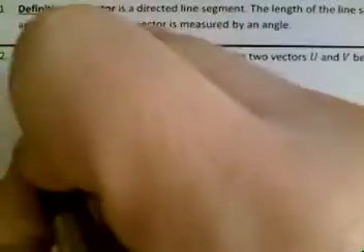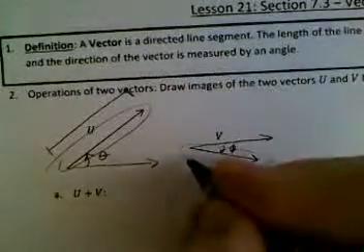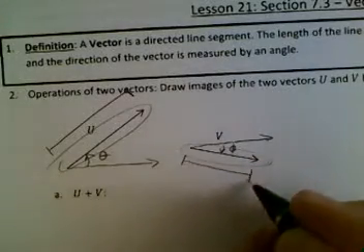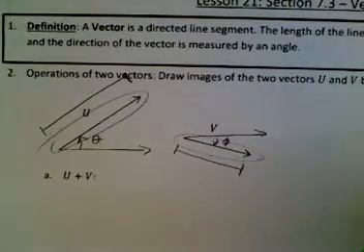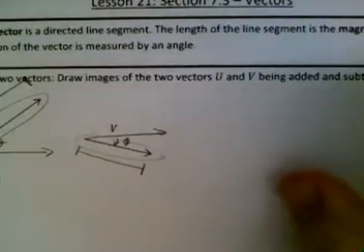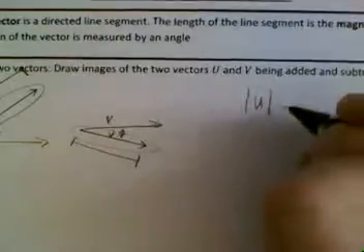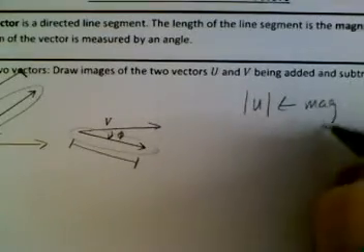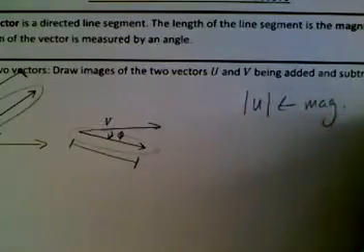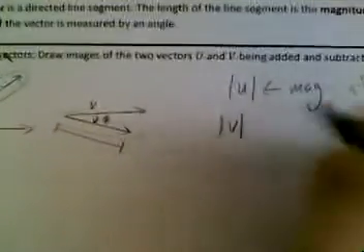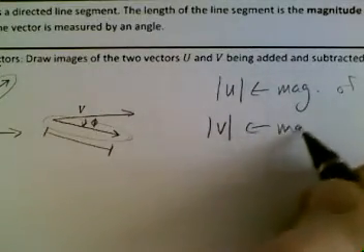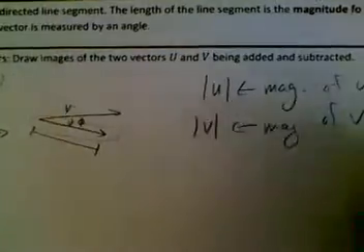The magnitude is specifically the length of this vector. The magnitude of v is specifically the length of that vector. Now, to get a little bit of emphasis down, what looks like the absolute value of u is referred to as the magnitude of u. Again, the absolute value of v would specifically be the magnitude of v.